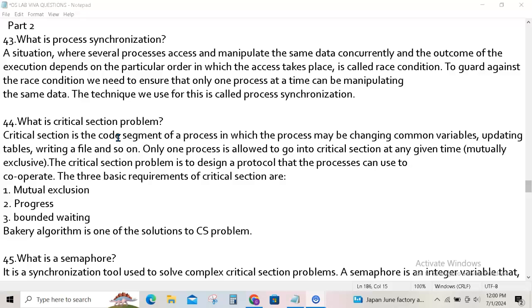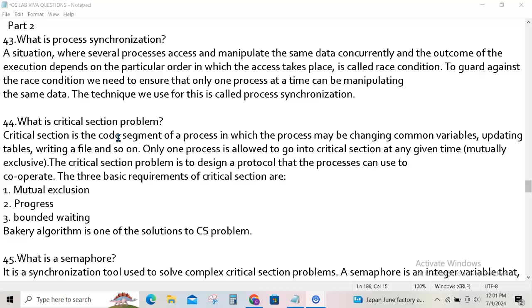Next, what is the critical section problem? First, let's look at what a critical section is. Critical section is that part of a process or code segment in which the process changes common variables, shares data, updates tables, writes to a file, etc. Whenever one process is executing in its critical section, no other process should be allowed to execute in its critical section.